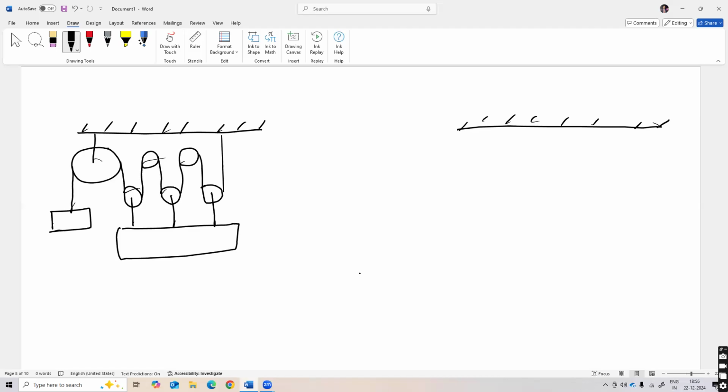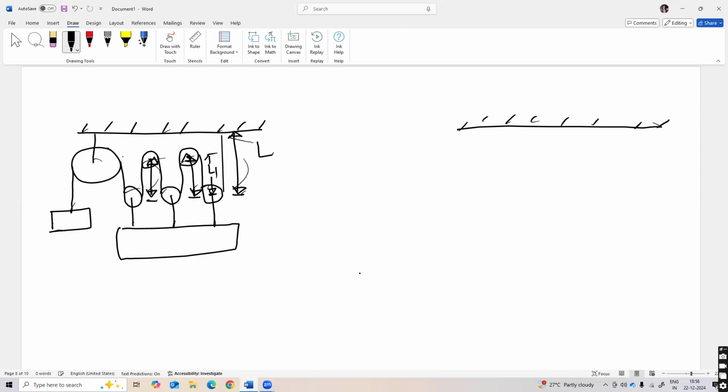So this is the initial position of our system. Now this distance from this point to this point is, let's say, L, and all of these distances are basically equal to L1. You can clearly see that the distance between the centers of these pulleys is basically equal to L1.